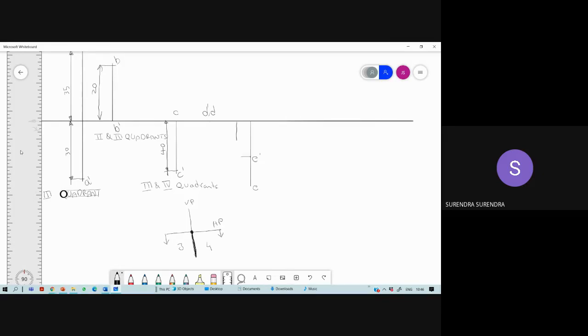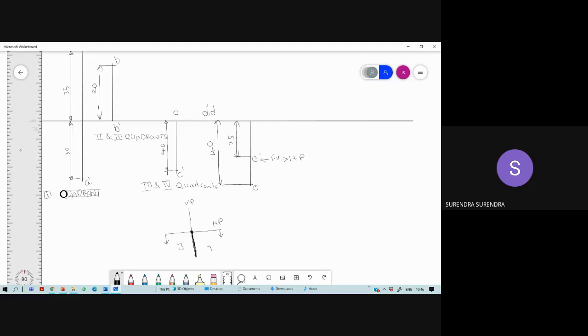So try it. First, always look at the dash. Dash relates to the front view, meaning HP, and without dash indicates the top view. So the top view relation is always with the vertical plane. Always dash indicates front view, which relates to the HP condition.